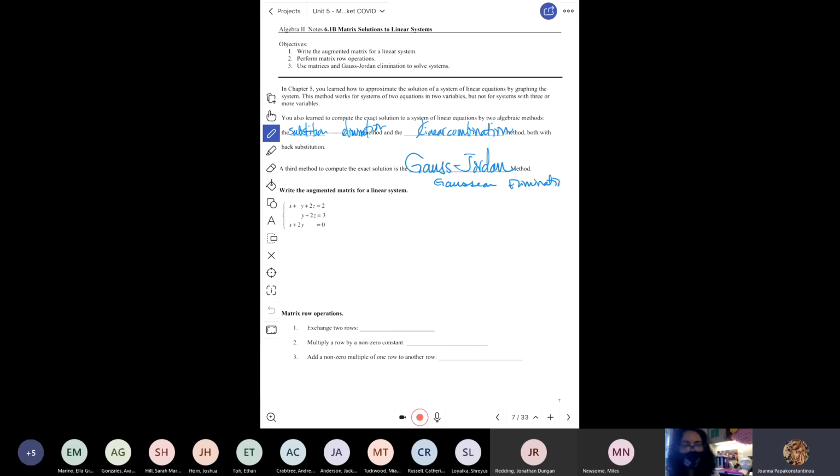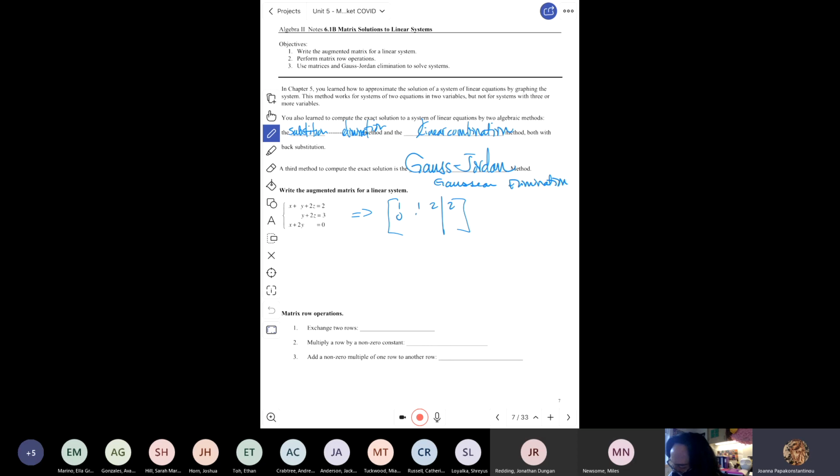Now, ultimately, we want to be able to perform row operations to get the solution matrix. So let's see how we would represent the augmented matrix for this system. What would the first row be? Second row.